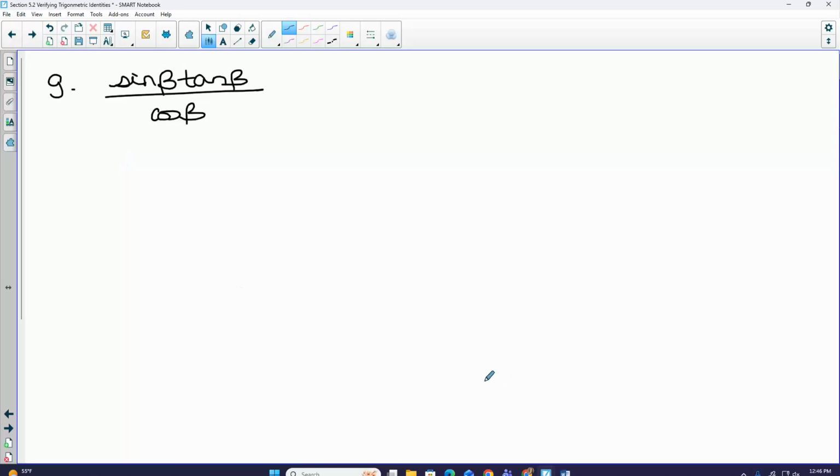What if I asked you to simplify this? That B with a long tail, that's a beta, it's just another Greek letter, so we might see that sometimes. Just representing any other variable.